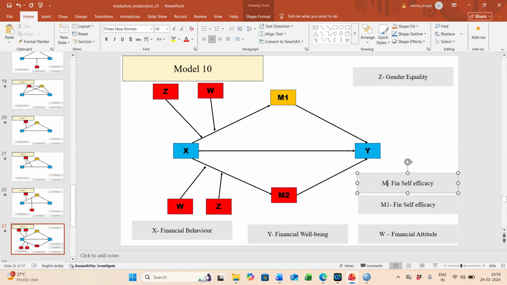Let me check the data so that I can say what can be the second. This is not self-efficacy; self-efficacy is already given. This is M2. Can check the data.